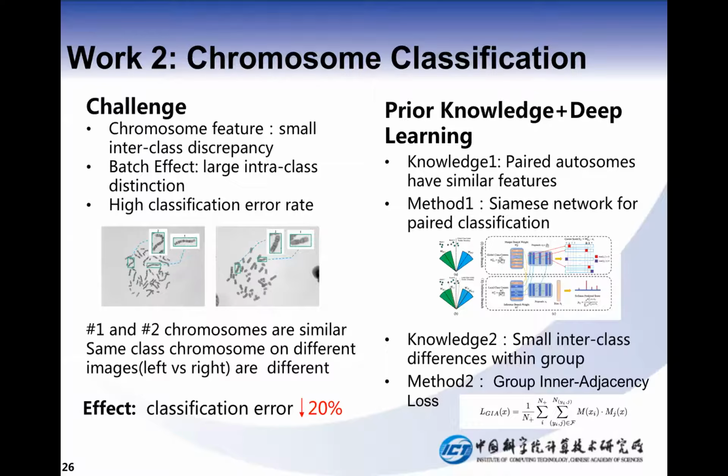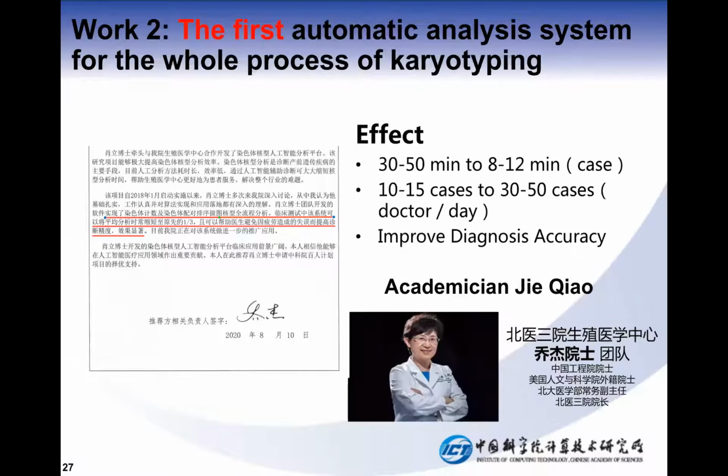So with this prior knowledge, we develop a group-adjacent loss to put extra penalty on the interclass differences. In this way, we can further improve the accuracy. With these 2 methods, we can decrease the classification error by 20% more.